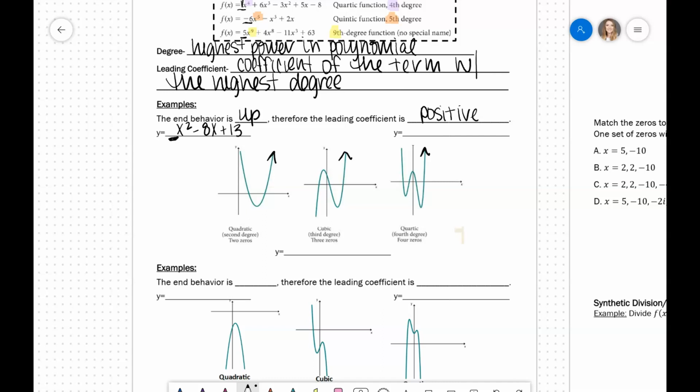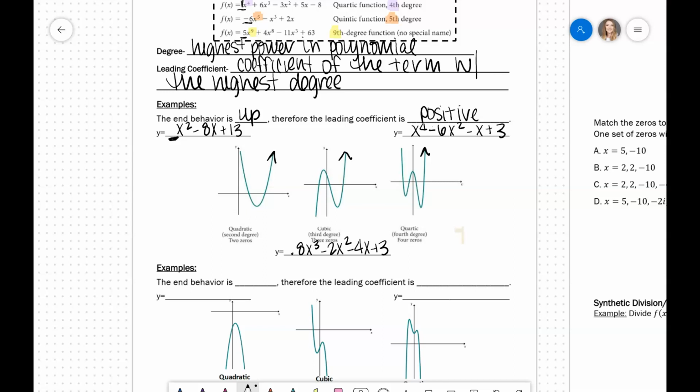With this next one, cubic, could have been 0.8x cubed minus 2x squared minus 4x plus 3. Last one is a quartic. We know that it's a quartic just by that shape, that W shape to it. We have x to the 4th minus 6x squared minus x plus 3.